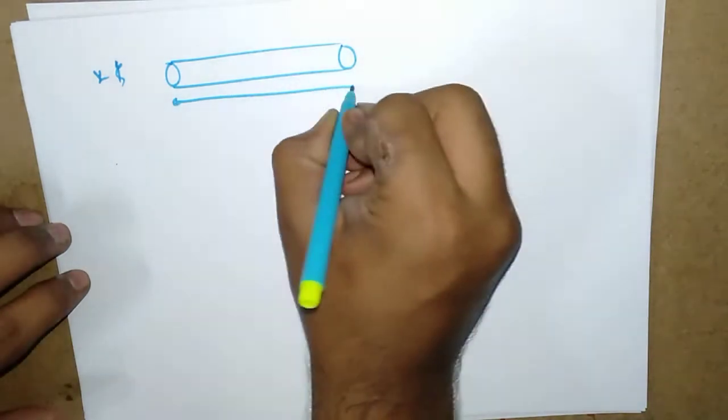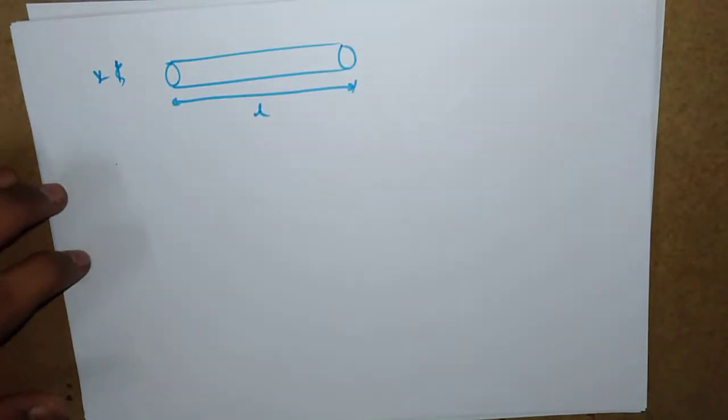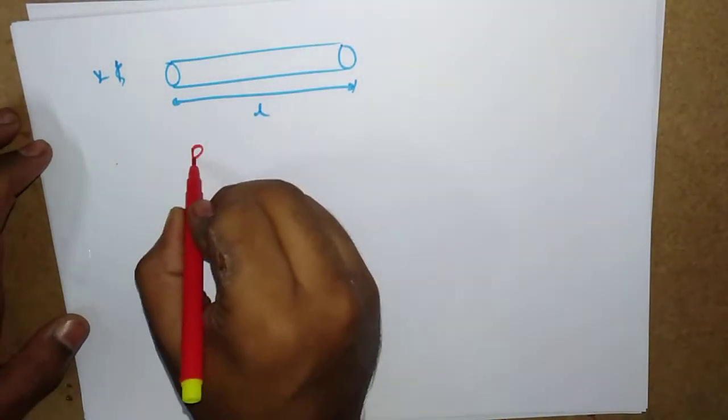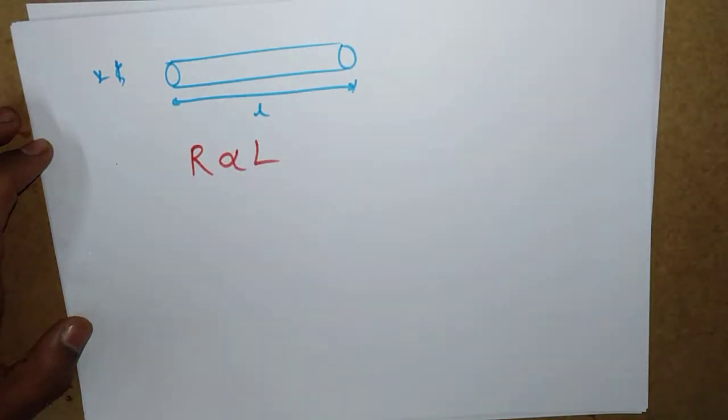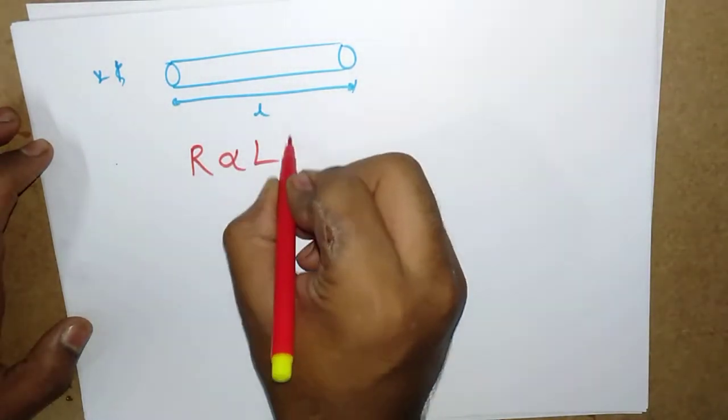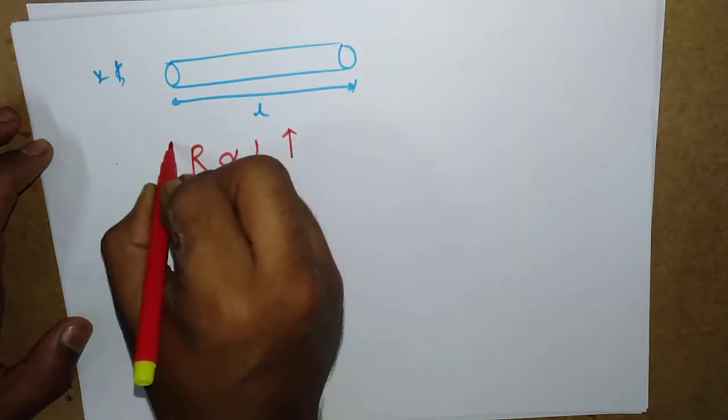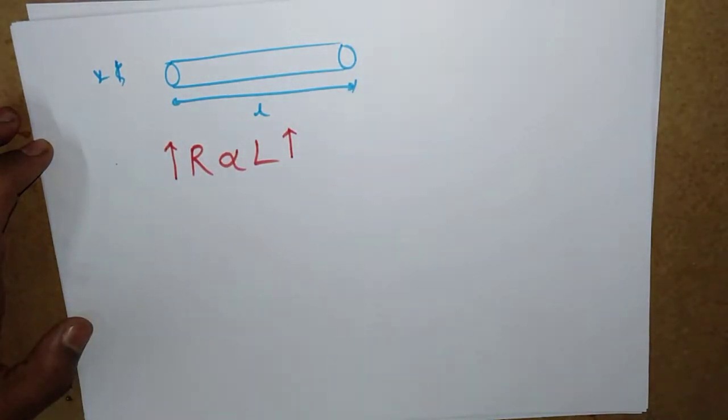The first thing is resistance and length. If you consider a wire having a length L, then resistance is directly proportional to the length of the wire. It means if you increase the length of the wire, then resistance will also increase.